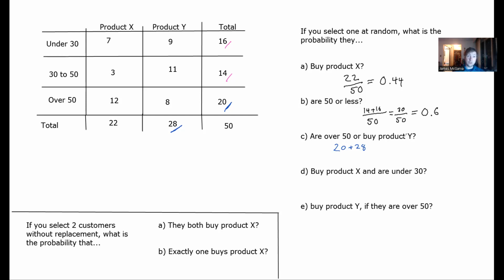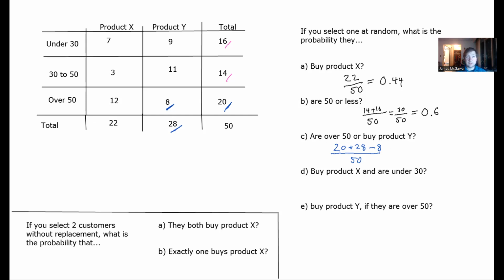But if you do that, what you've just done is you've double counted these 8 people. Because these 8 people are over 50, and so they're part of the 20, and they're also buying product Y, so they're part of the 28. You've counted them twice. So we don't want to do that, so we subtract off those 8 people where they overlap, right? The over 50s plus the product Y minus the overlap so that we don't double count them. We only want to count them once. And this is still out of 50.